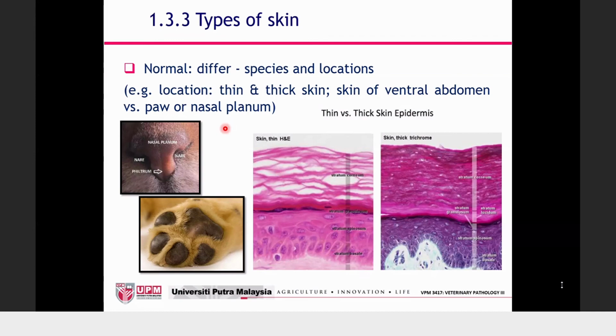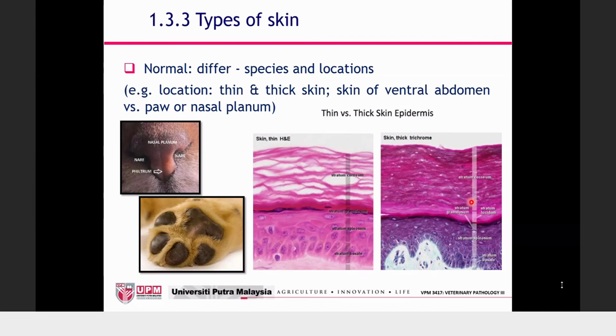So histologically, what you would see is that in thin skin, the thickness of the stratum corneum and the epidermis is usually about the same. The thick skin, the thickness is very thick, I mean the thickness is more compared to the epidermis, right?